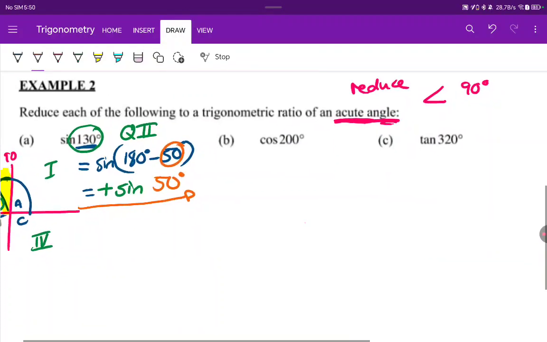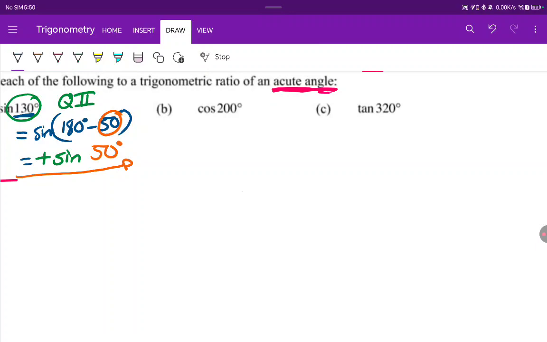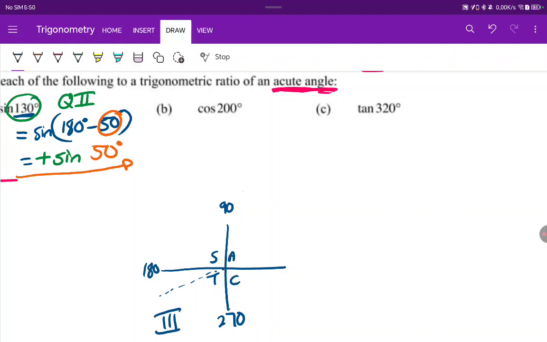Let's do the same thing for cos of 200. So let's start with our Cartesian plane. Our angle is, that's 90, 180, 270. So that means our angle must be here in quadrant number 3. If it is in quadrant 3, tan is positive, which means that cosine is going to be negative. So let's go ahead and split this up.